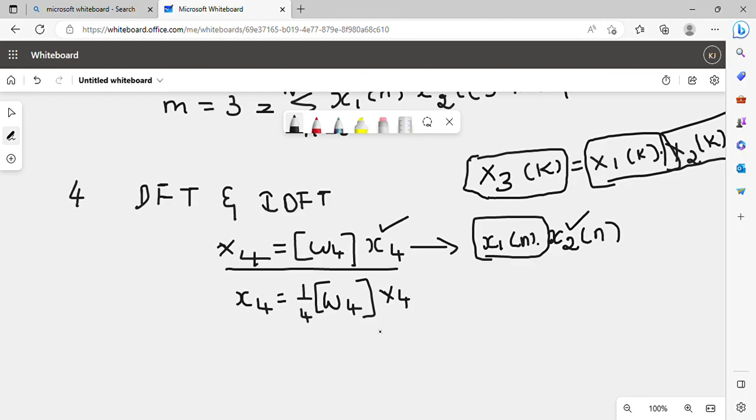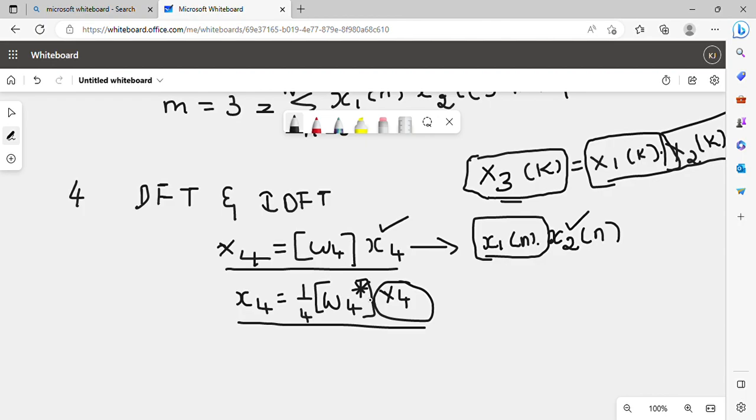Then after that, you use this other formula. Here X of 4 is that x3 of k resultant. You multiply it, and this omega 4 matrix is with respect to your IDFT. You write the IDFT matrix, and this X of 4 is nothing but the x3 of k that you have got.